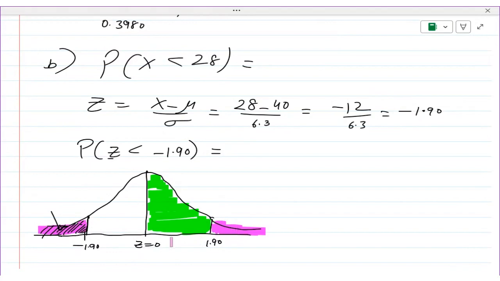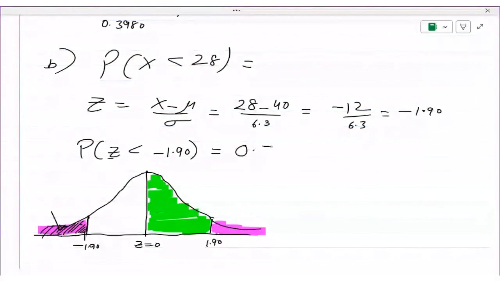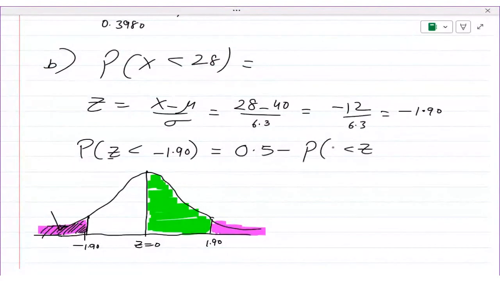So how can we find the pink color on the right side? If 0 to 1.90 is given, and you know the right side is half, then half minus the probability that z is between 0 and 1.90. So half minus, now we will see the table value.